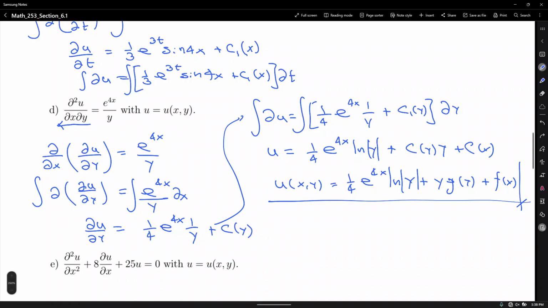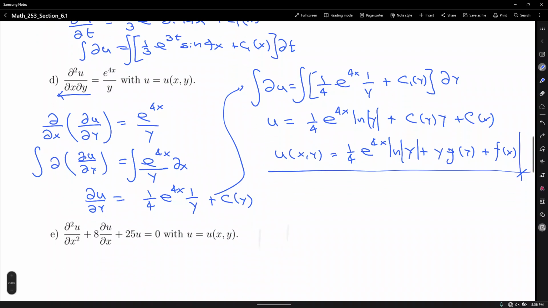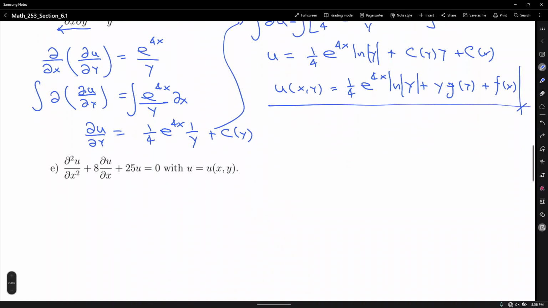All right, what about the next one? The next one should look familiar in form because what do we have? The second partial of u with respect to x plus 8 times the first partial derivative with respect to x plus 25u equals 0. Does that remind you of the homogeneous second order or higher order ordinary differential equations?